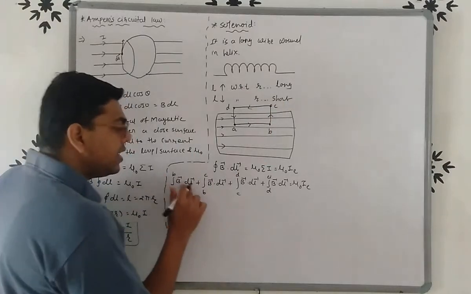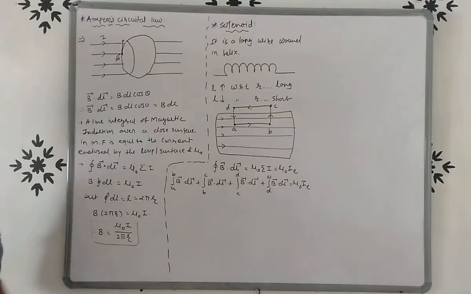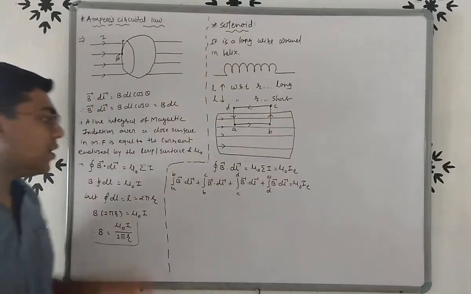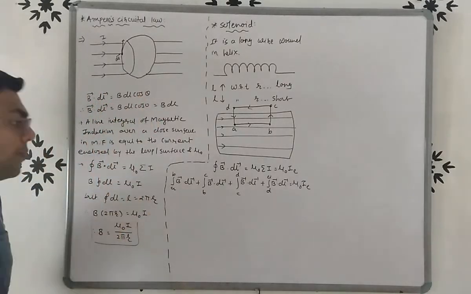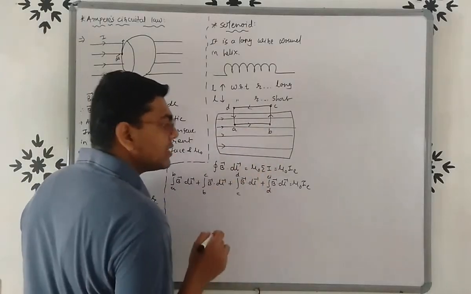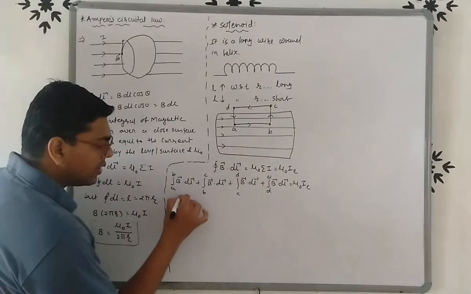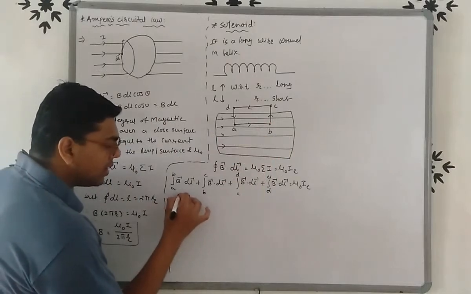For A to B, B dot dl is equal to B dl cos theta, so first we have to find this angle. For A to B, B and dl are in the same direction, so theta is 0.